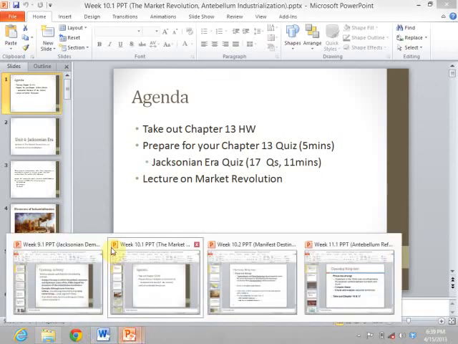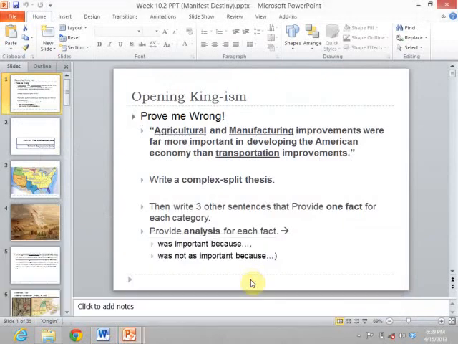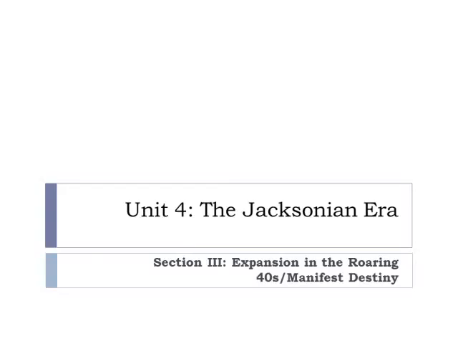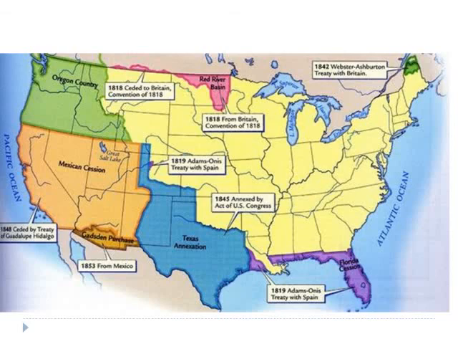Next up, what are we on? Manifest Destiny? This is pretty easy. Okay, y'all. First things first. In your charts there is a chart that asks you, does this increase or decrease democracy?